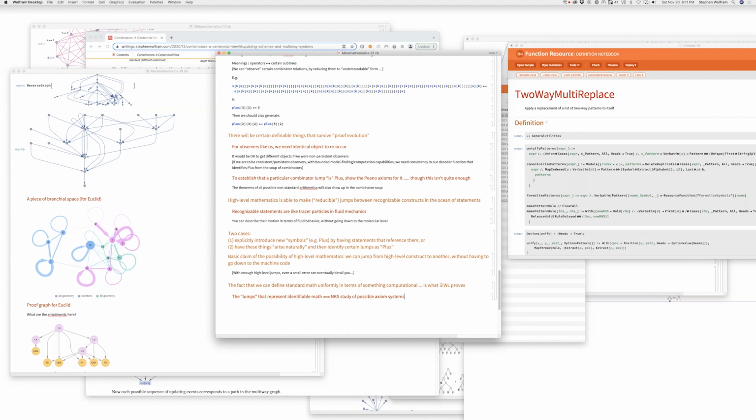At the combinator level, we don't even really have operators, do we? No, it's slimmer than that.